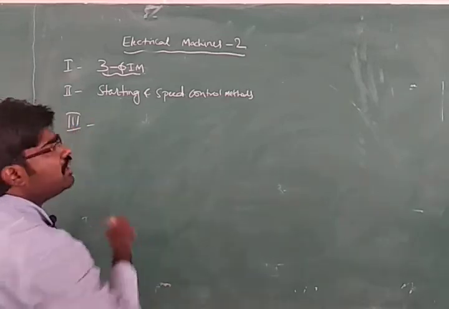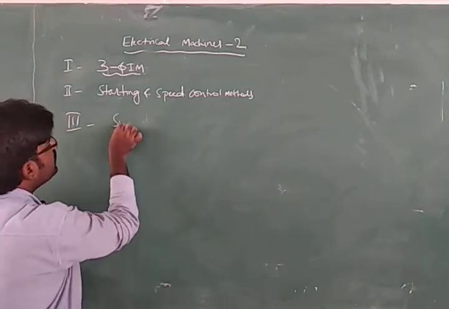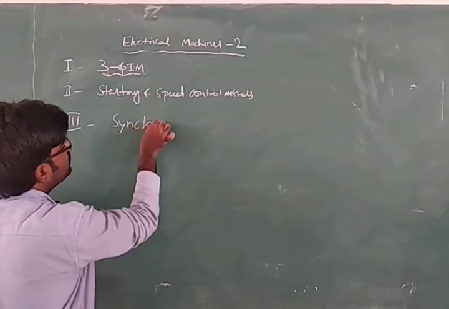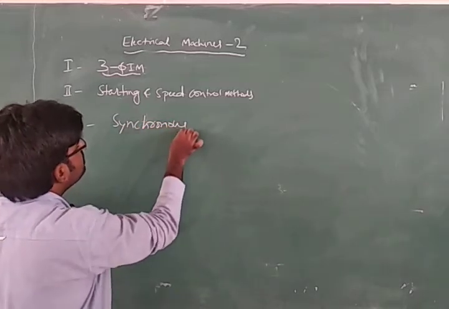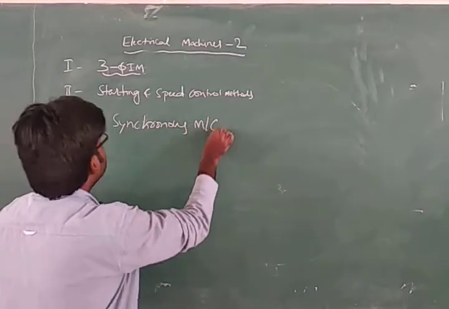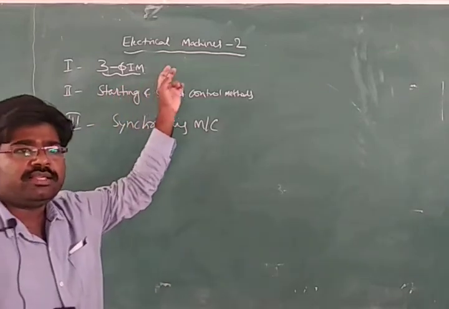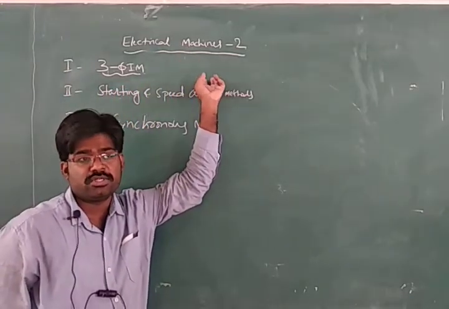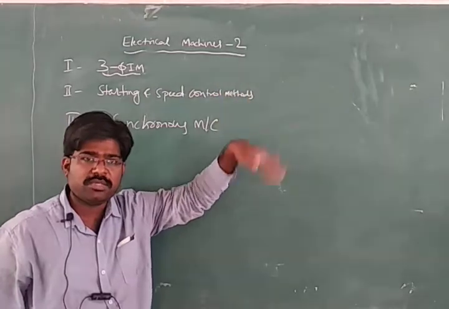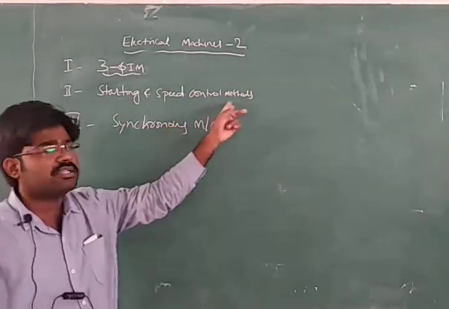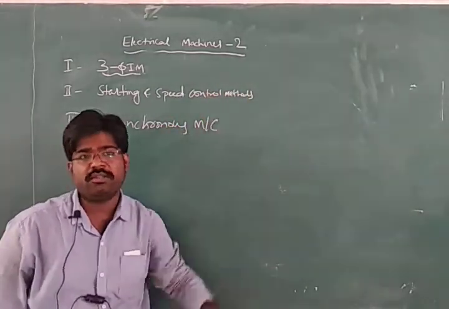Then the third unit is all about synchronous machines. The first and second units are related to asynchronous machines, where speed is not constant, speed keeps on changing. That is why we study the speed control methods.